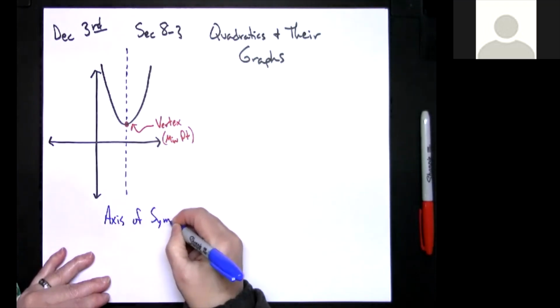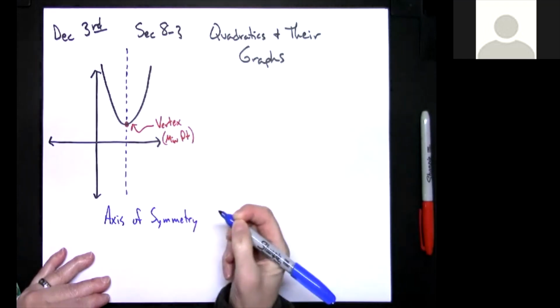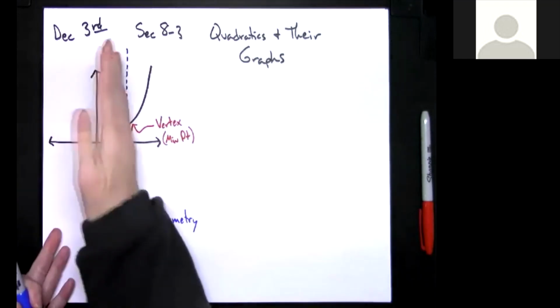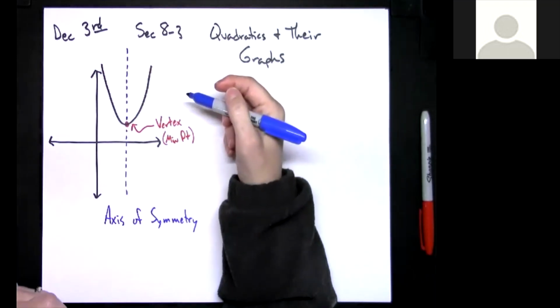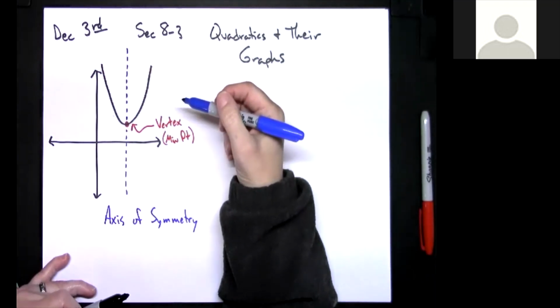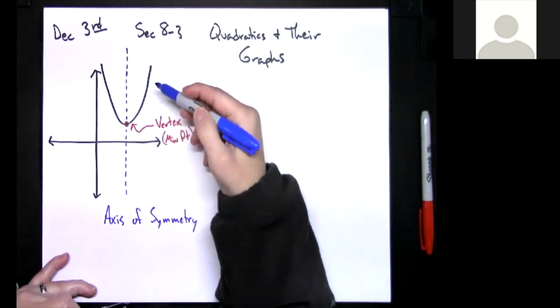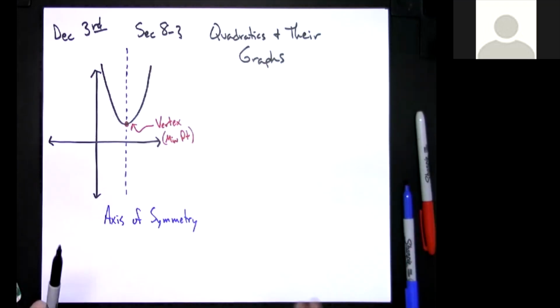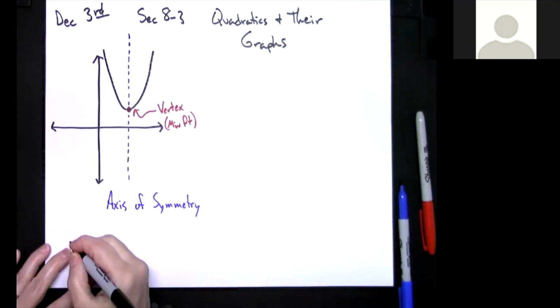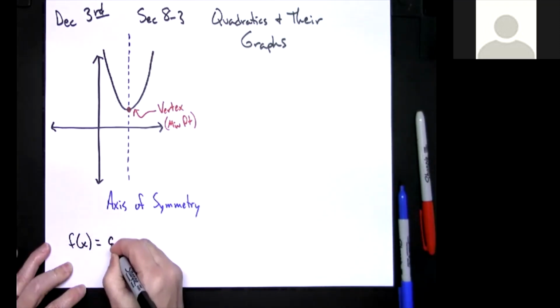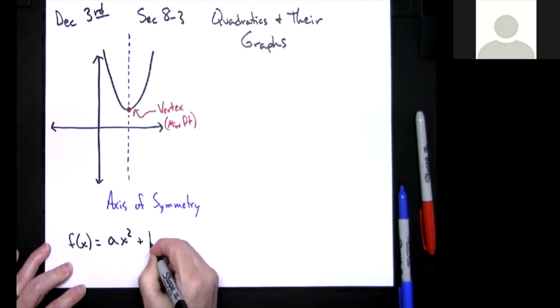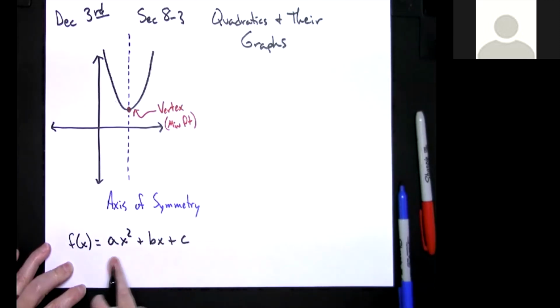The reason it has a different name is because a parabola is symmetric on both the left and right side of the axis of symmetry. In this upright parabola, we didn't write the equation. So in function notation, it would be f(x) = ax² + bx + c. We've written this multiple times as the standard form for a quadratic.